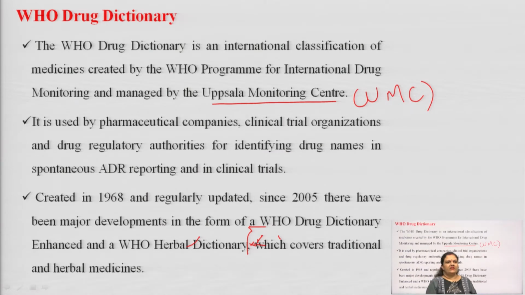It is also used by the drug regulatory authorities, DRA, the higher superordinate authority which ultimately focuses on the specific class of people who are taking the same class of drug globally, for identifying the drug names in spontaneous ADR reporting.